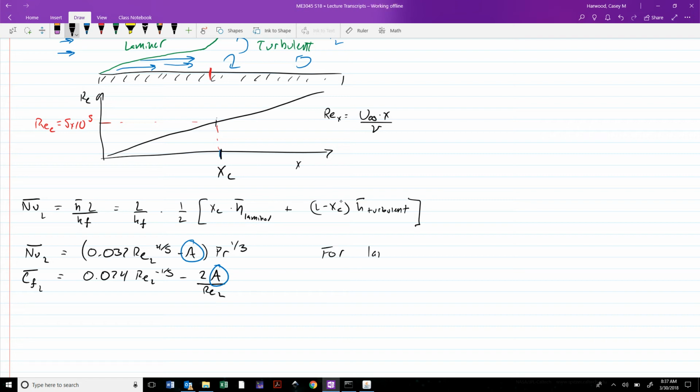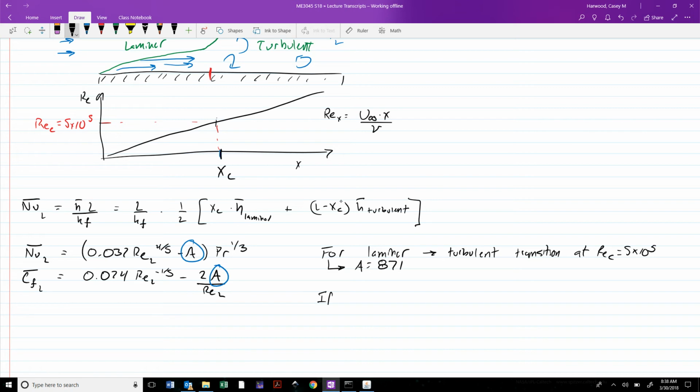For a laminar to turbulent transition at a critical Reynolds number of 5 times 10 to the 5th, we end up with A equal to a static value of 871.